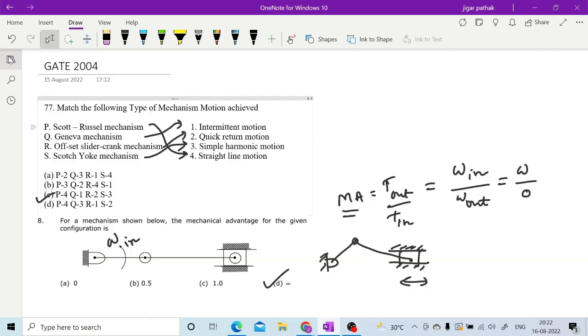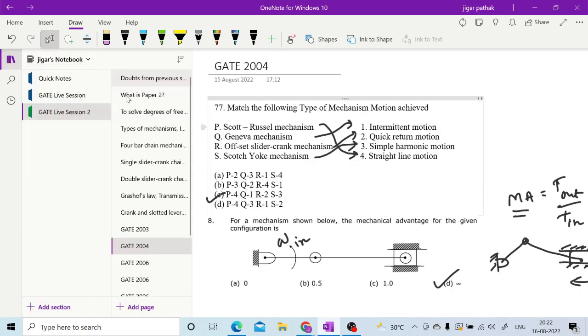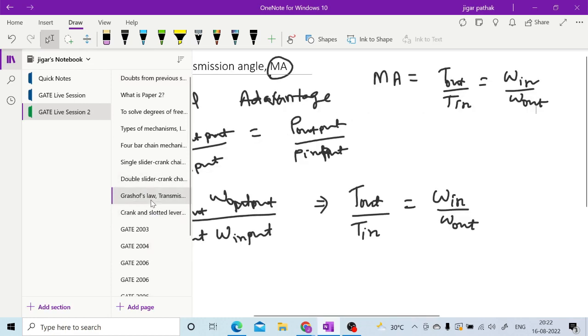Sir, in the slide you wrote mechanical advantage as power output by power input. Then, sir, they will be equal, power output and input. Yes, actually it was not correct. I guess that is my mistake. In that equation, only force and torque can be given. Here it is torque only.